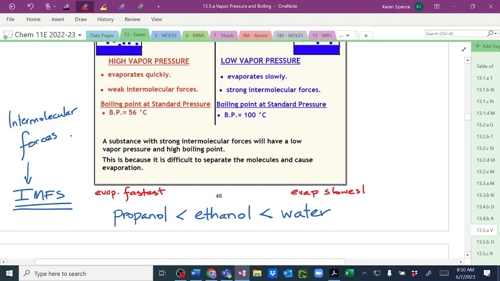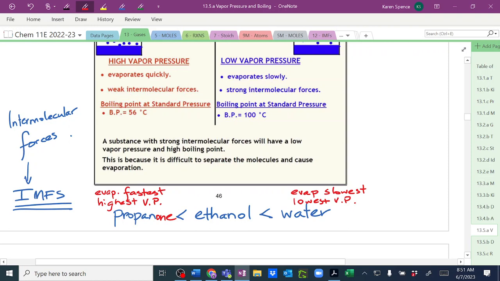Which one is going to have the highest vapor pressure? Propanone. Why did I write propanol? I meant propanone. It will have the highest vapor pressure, and water will have the lowest vapor pressure.